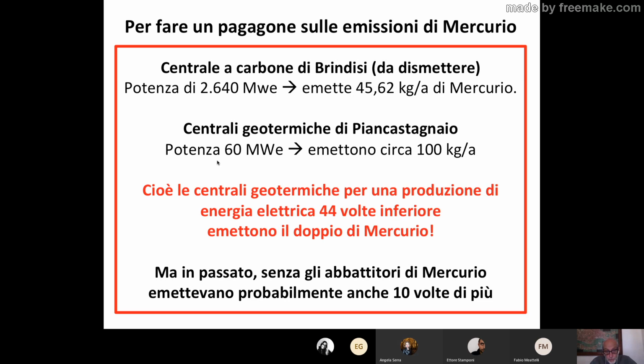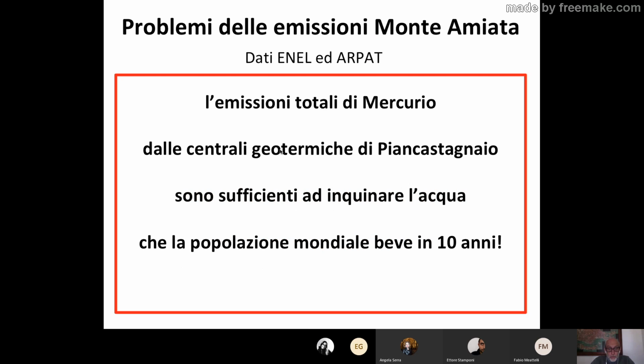So the geothermal power plants at Piancastagnaio emit 44 times the mercury emitted, for the same amount of energy production, by a coal-fired power plant. And this is with the abatement in place. There is a river that flows out from the Piancastagnaio geothermal field, and in this river, fishing is forbidden.